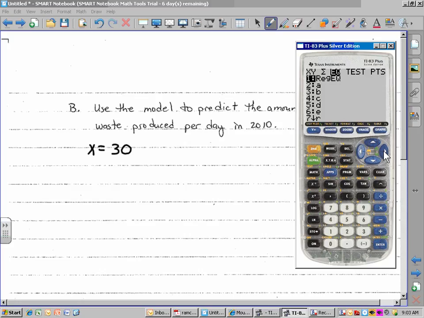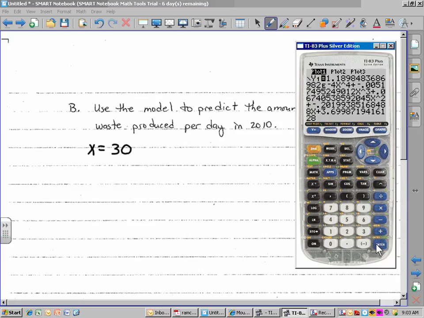The very first one says regression equation. That will give you the very last regression that you did. The last one that we did was the quartic. So we hit enter. It'll put all of that in, not rounded exactly as we want it. The less rounded, the more accurate it will be.